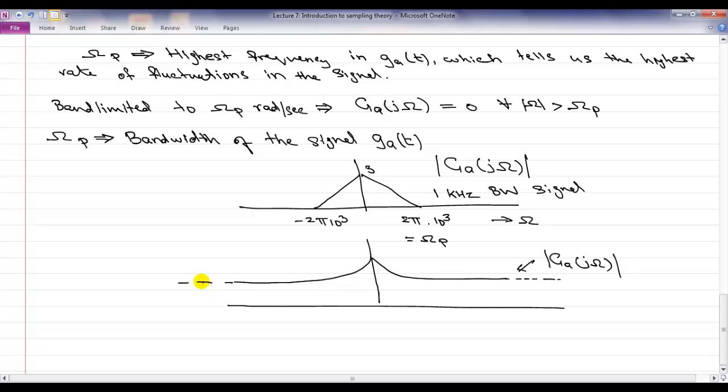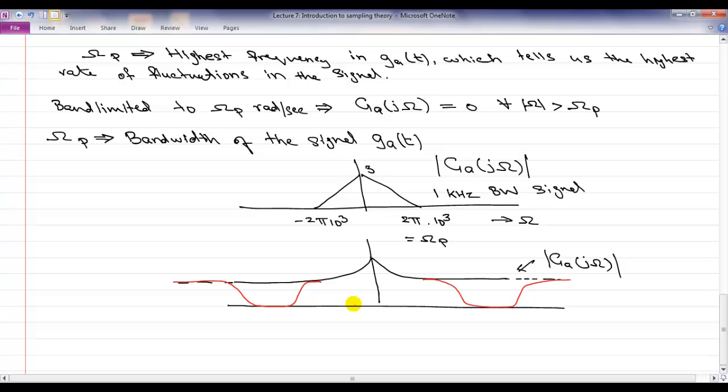So band limited doesn't say that within its frequencies the transform can't hit 0. The idea is there is no limit to the highest frequency that is contained in it. So a signal like this, or even a signal like this, stays 0 and then becomes non-zero in its Fourier transform.